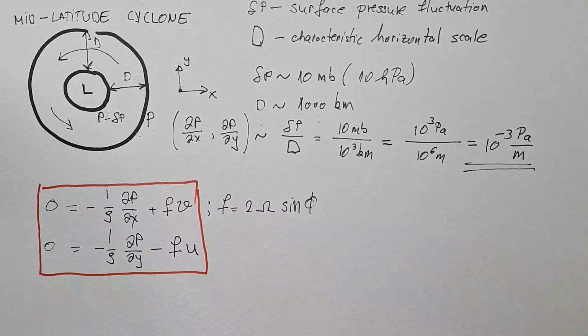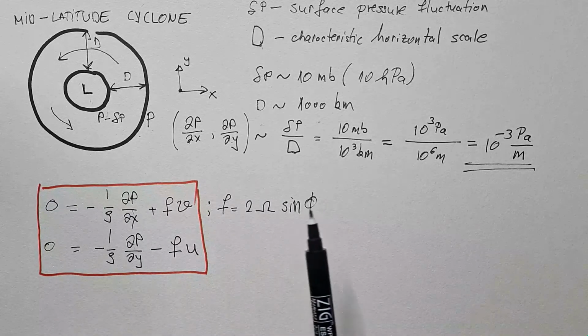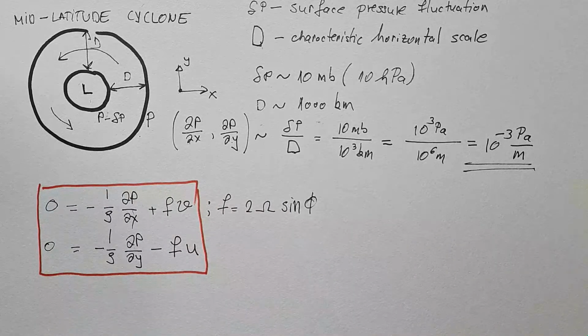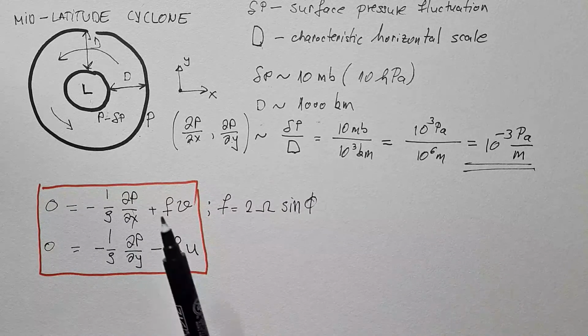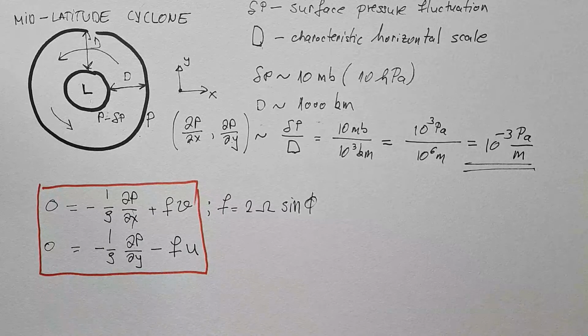We can only tell you how the system looks right now. Whenever you give me pressure gradients and you give me latitude, I can give you how the geostrophic relationship will look like, but I cannot tell you how it will evolve with time. It's very important to understand that.